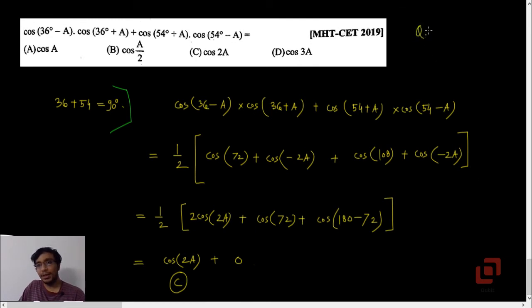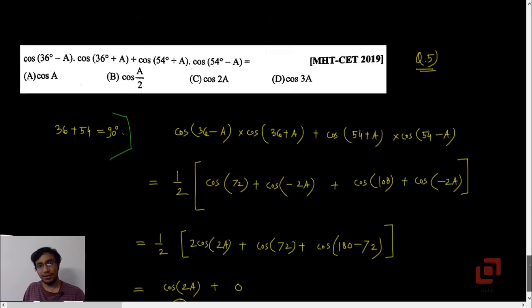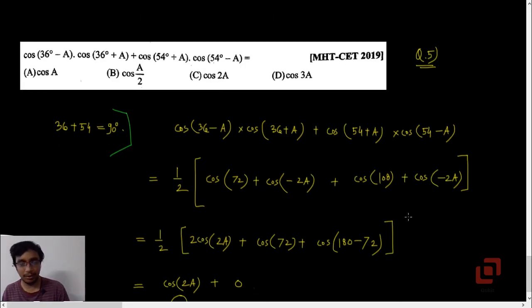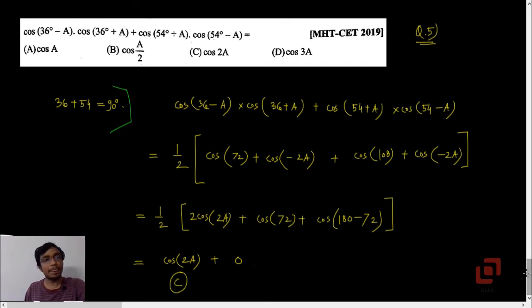Yes. Now fifth is based on the factorization formulas or sum to product, product to sum formulas, cos C plus cos D, those formulas. Okay, let's read it. We've got cos of 36 minus a into cos of 36 plus a plus cos of 54 plus a into cos of 54 minus a.